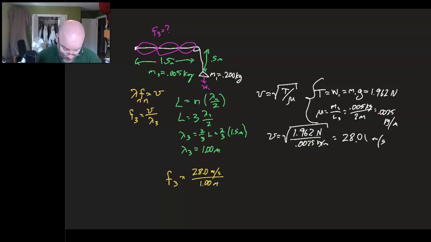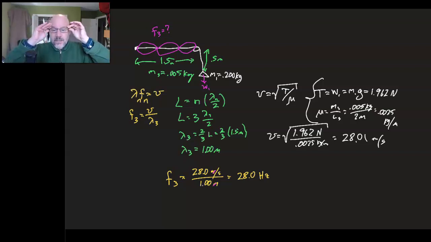And so my meters cancel out, and I'm going to be left with, oh, look at that, 28 hertz. There we go. And again, the last frequency we had was over 400. This one's super tiny. The fact that it's so different doesn't mean you did it wrong. It's just the speed of sound is really high.